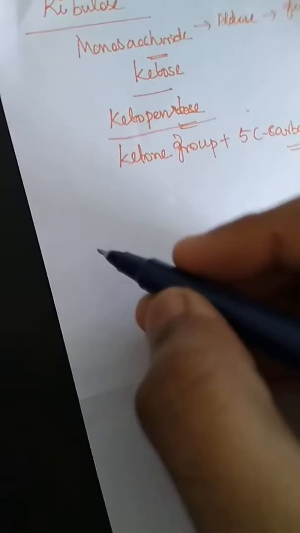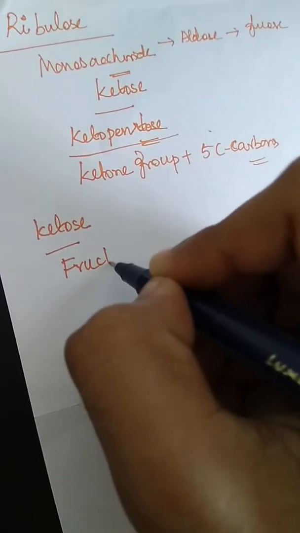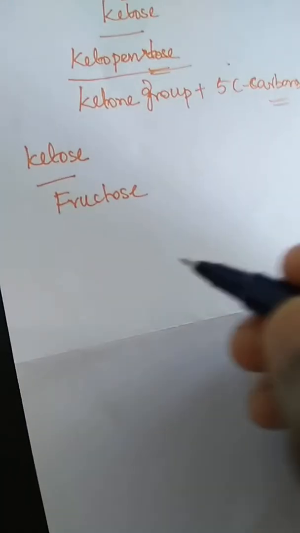So let me write a ketose sugar that you know. A common ketose sugar that you know is fructose. So what's the structure of fructose? Very similar to glucose, but it's not an aldose. It's a ketose. So let me write down the structure of fructose.